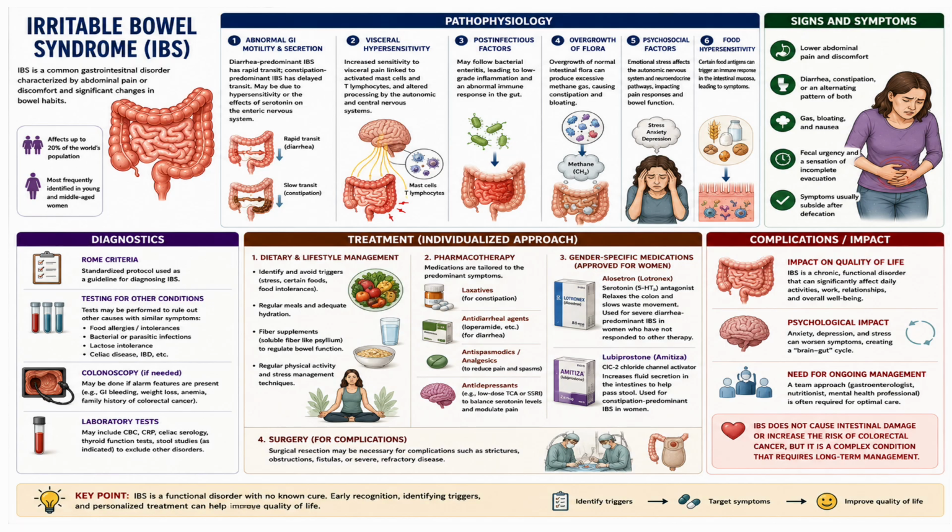Now, for women specifically, medications like alosetron and lubiprostone may be used to regulate colon activity and fluid secretion. While IBS does not lead to structural damage or serious physiological complications like cancer, it is a complex condition that can significantly impair a person's quality of life, right? Often requiring an interdisciplinary team approach for effective management.